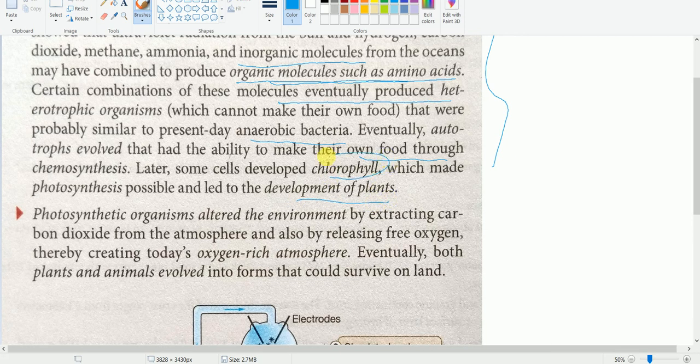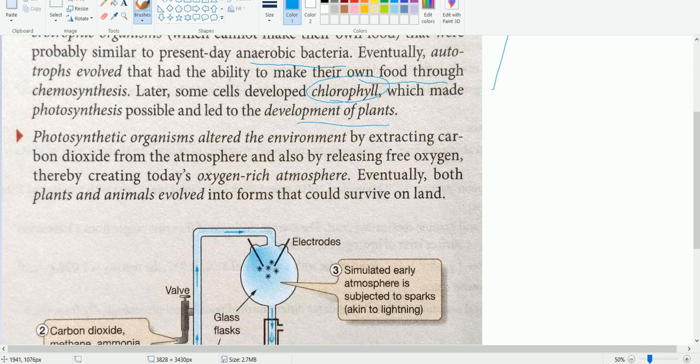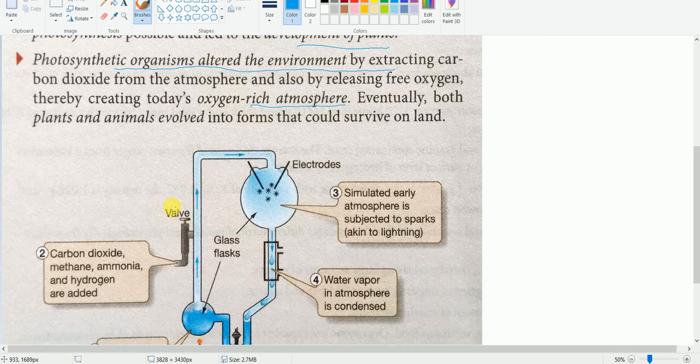Chlorophyll, the green pigment in plants, was formed, and these photosynthetic organisms altered the environment by extracting carbon dioxide from the atmosphere and releasing free oxygen, thereby creating today's oxygen-rich atmosphere. Eventually both plants and animals evolved into forms that could survive on land.